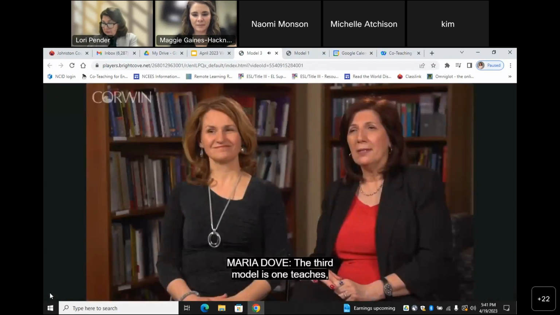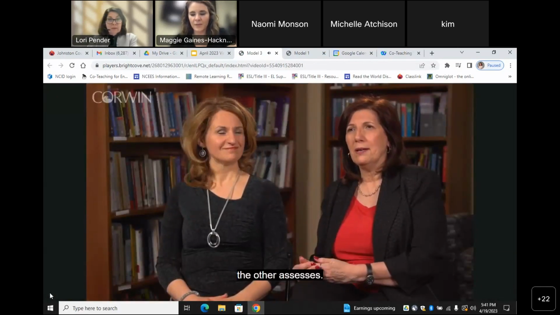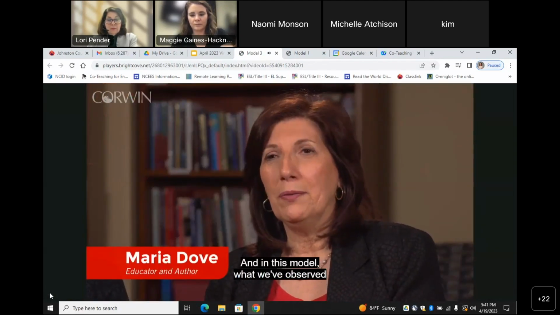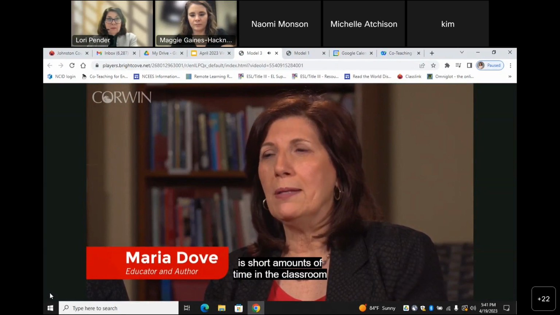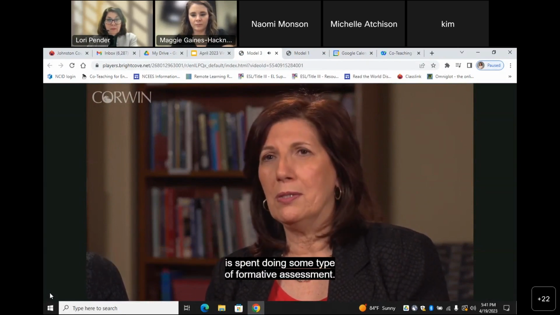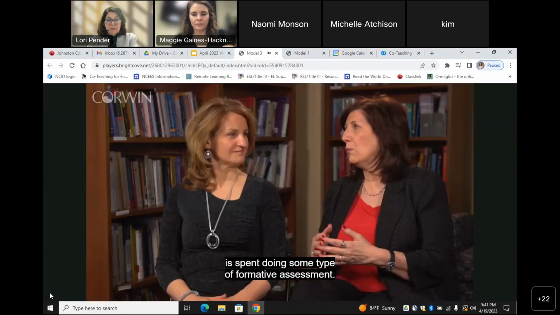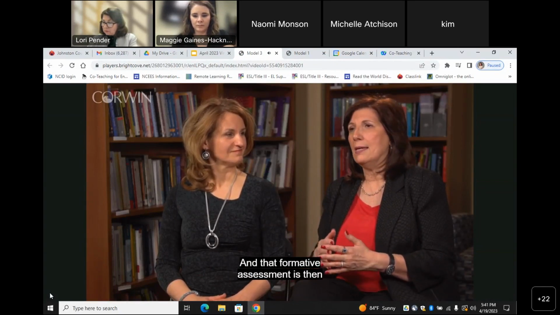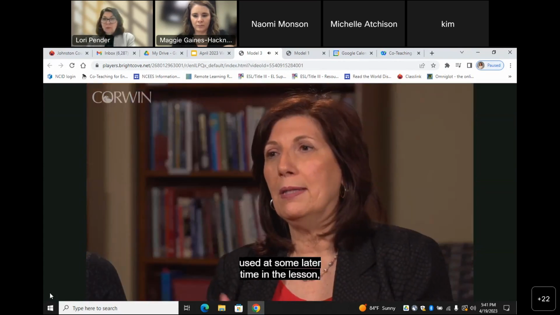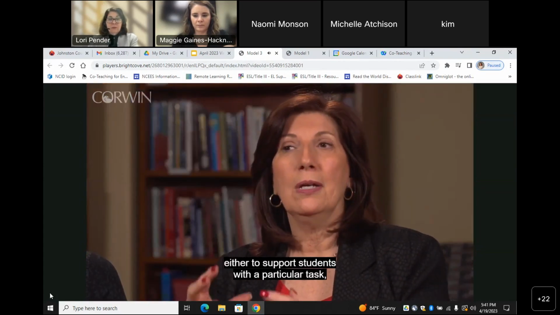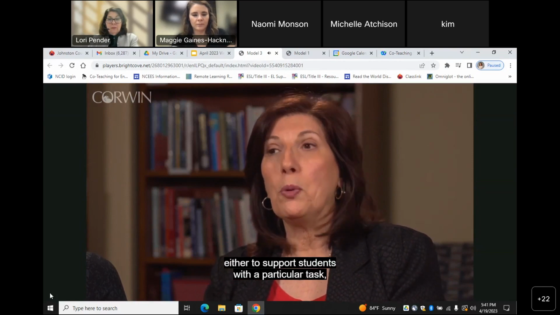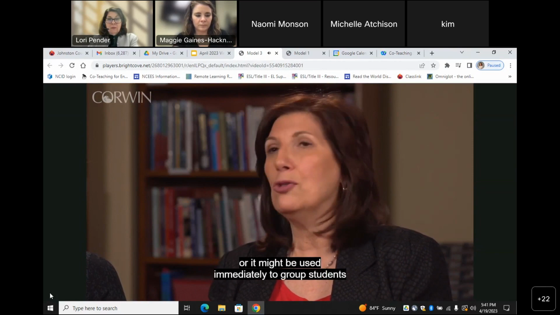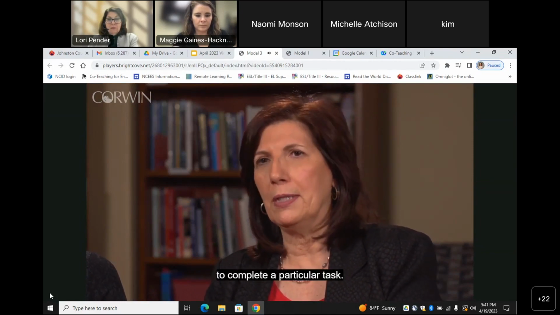The third model is one teaches, the other assesses. And in this model, what we've observed is short amounts of time in the classroom is spent doing some type of formative assessment. And that formative assessment is then used at some later time in the lesson, either to support students with a particular task, or it might be used immediately to group students to complete a particular task.